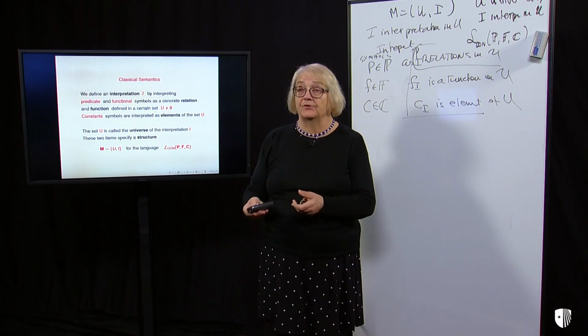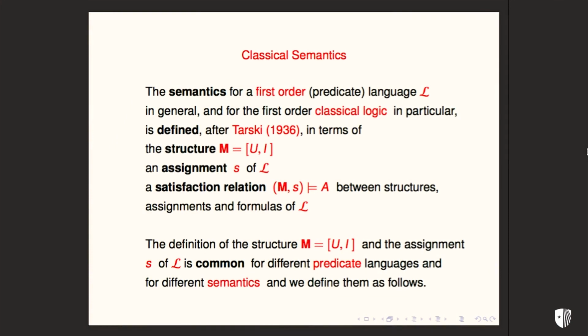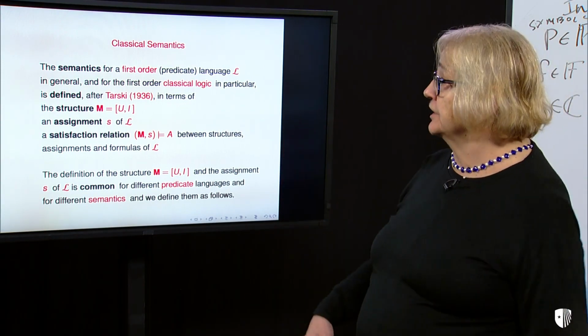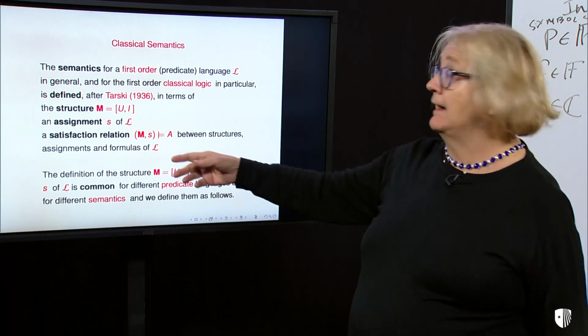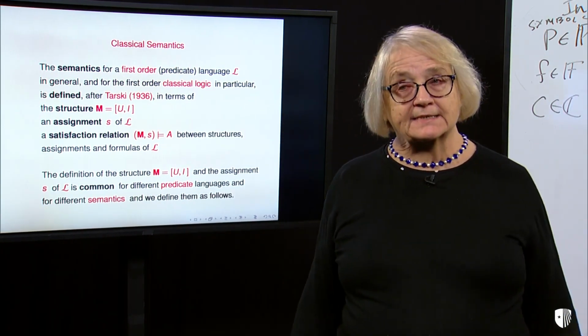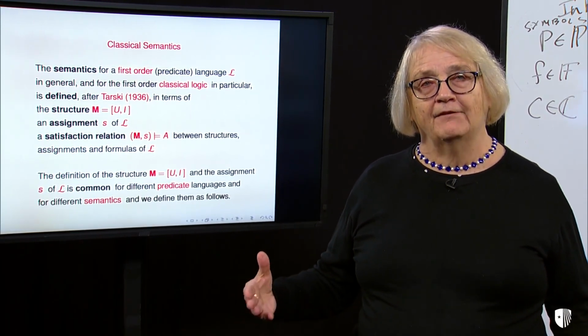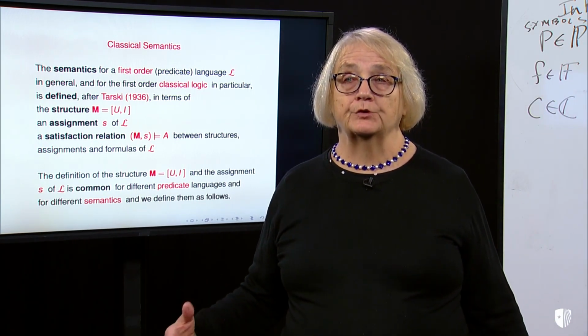Constants become elements. And now we have a classical semantics. It's not only classical semantics, but also a classical definition of classical semantics for predicate logic. It was built up after Tarski, 1936. He was the first who really formulated properly and formally the semantics of predicate first order logic.